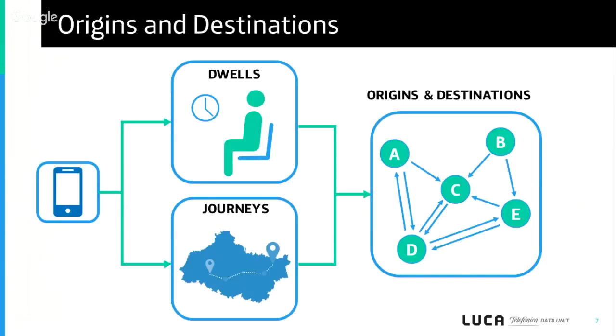Maybe you started at home at location A in that little diagram, then you've moved to a different location, C, then you've gone to D. We can start building this picture of how not just this person's moving, but how the whole population of people within our data set, the cell phone data set, is moving.